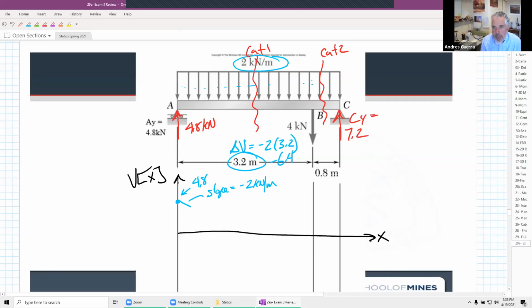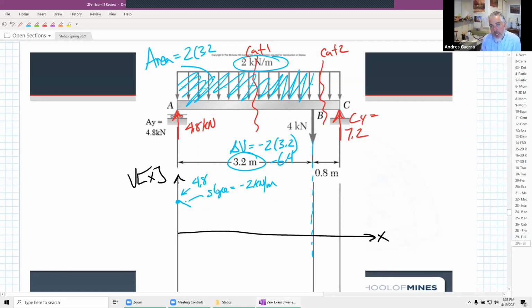This is also the area under the shear diagram over that whole region. The area is equal to 2 times 3.2, which is our delta V. So we know we're going to go -6.4, but that's our change. We're starting at 4.8. By the time we get to here, we should be at 4.8 minus 6.4.